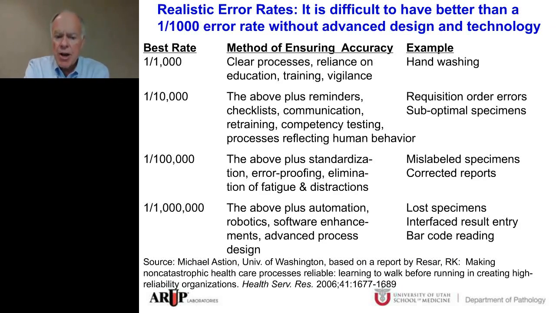So this chart about error rates, I have modified from presentations done by Mike Astian at the University of Washington and the Seattle Children's Hospital. And he in turn based this chart on a published report by Dr. Racer, and the citation is given at the bottom of the slide.